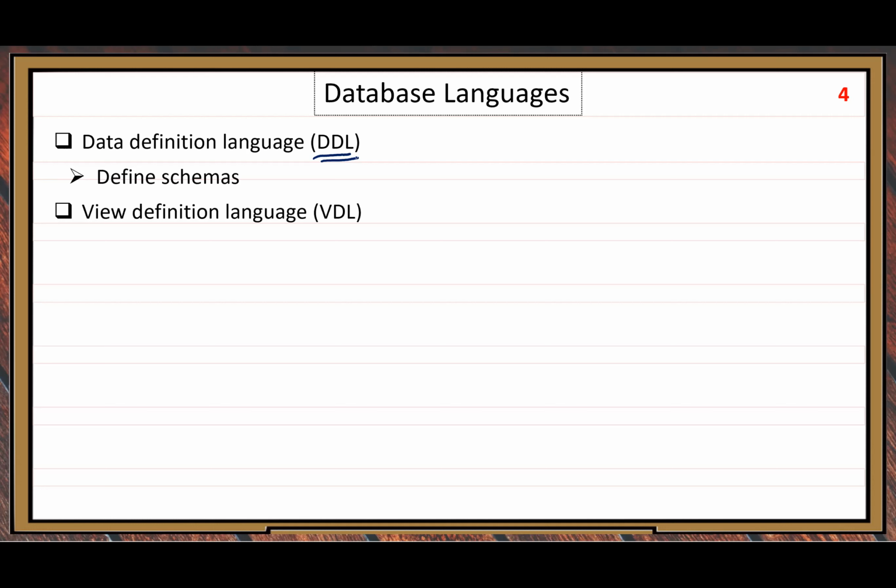View definition language, VDL. This time, the focus is on the view side, how to view the data. So you need another special type of language called VDL, view definition language. How to define a view, to specify user views.